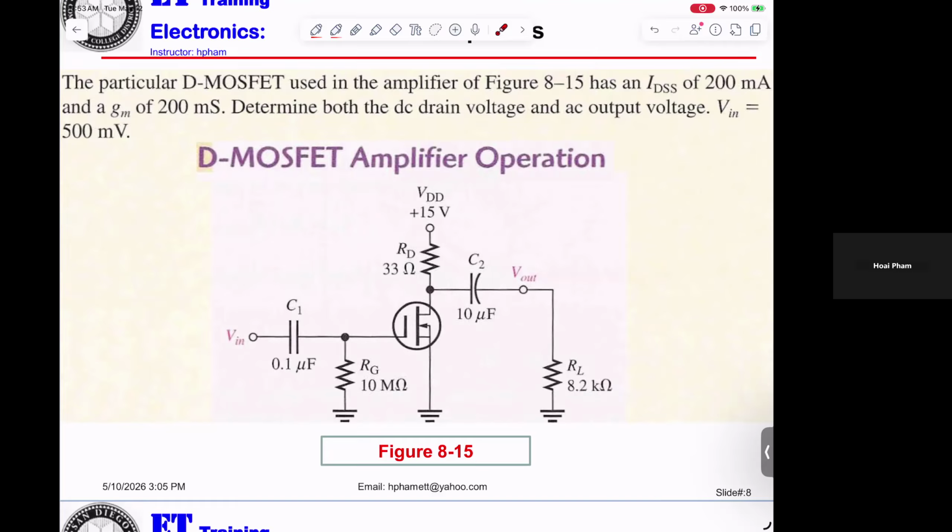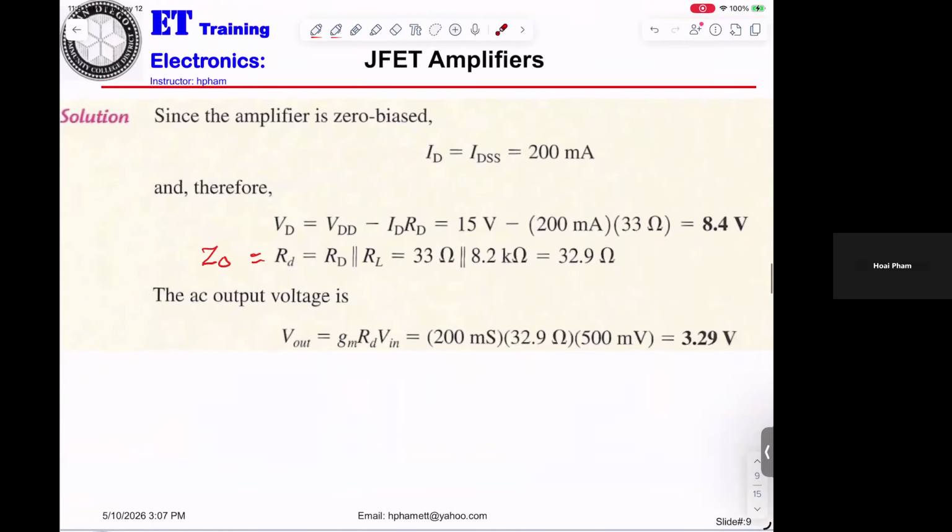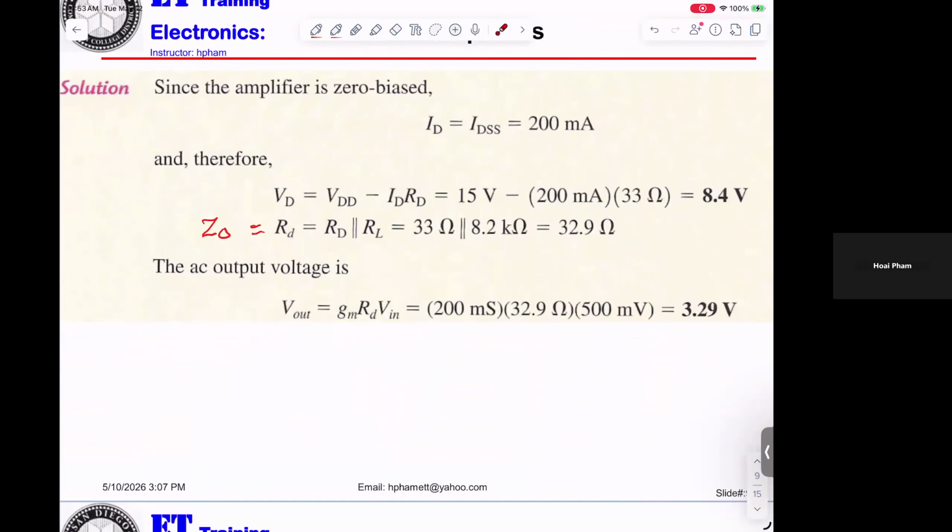Sometimes they use small d, and when they use small d, that means output impedance. So you calculate and get 32.9.